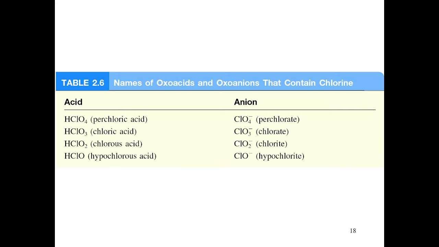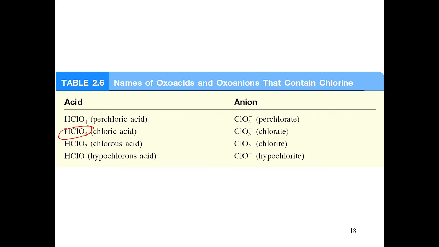So for the names of the oxoacids and oxoanions that contain chlorine, this will be our reference point, our chloric acid. As you may see here, we have three oxygen. If we added one oxygen atom, that will be perchloric acid.